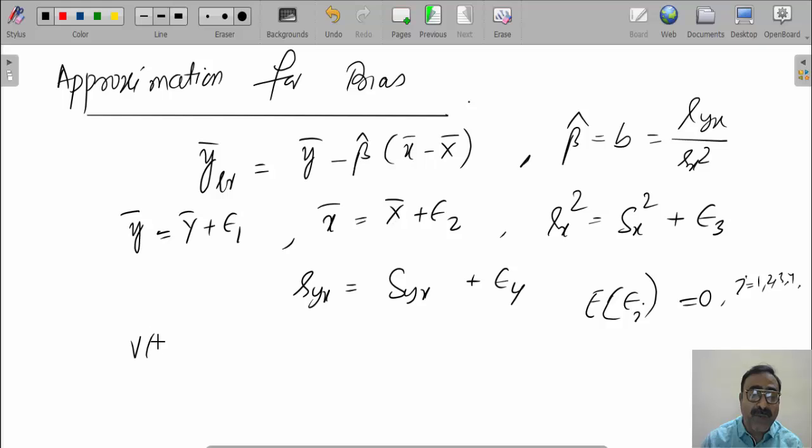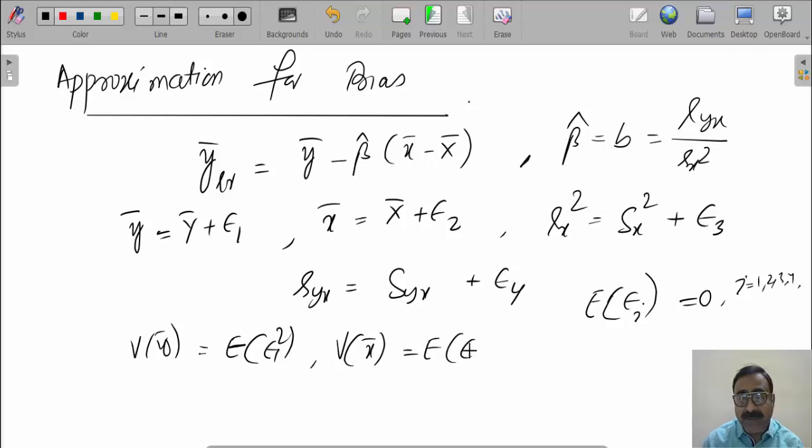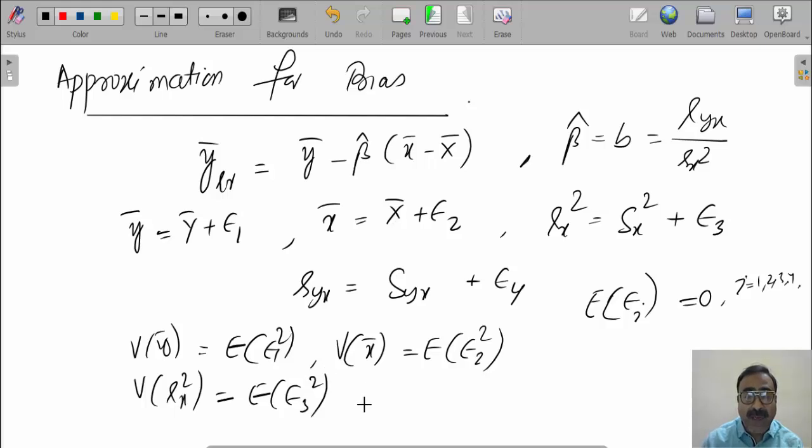Now variance of ȳ equals expectation of ε1 square. Similarly, variance of x̄ equals expectation of ε2 square. Variance of s_x square equals expectation of ε3 square, and variance of s_yx equals expectation of ε4 square.